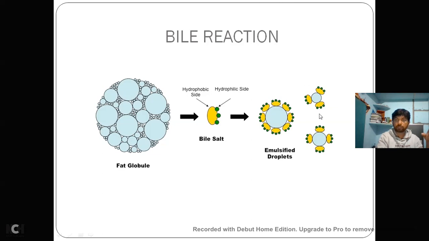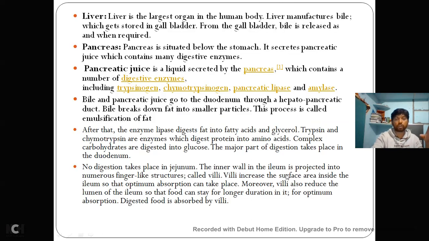They form the small fat globules here. These small fat globules will be broken down by the action of lipase into fatty acid and glycerol. Right? Now the pancreatic lipase will break the small fat globules into fatty acids and glycerol.